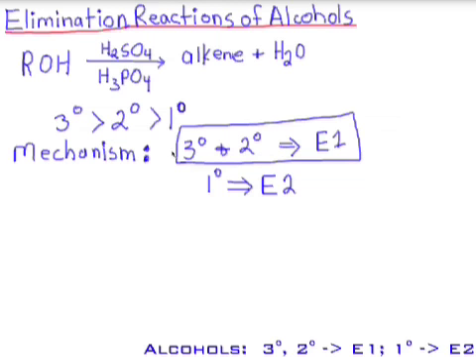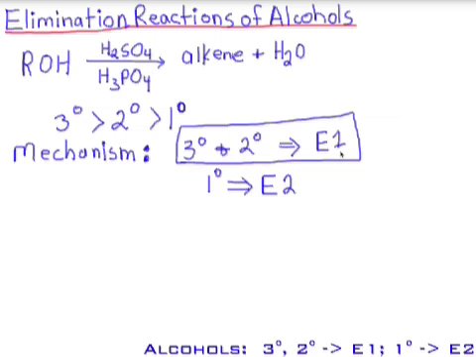Now, in the case of alcohols, however, our solvent is concentrated acid. Concentrated acid represents one of the most polar environments that you can generate. As a result, the E1 becomes favored.